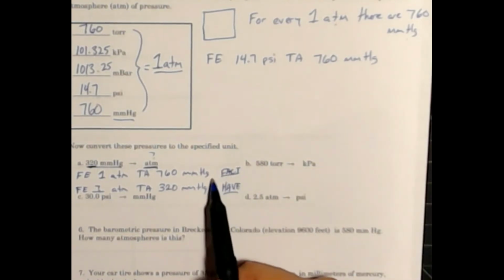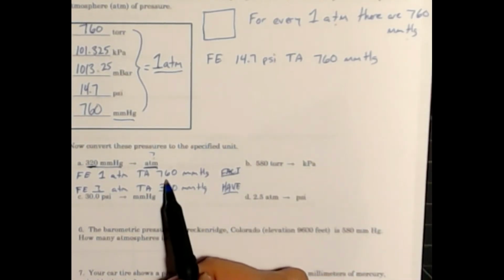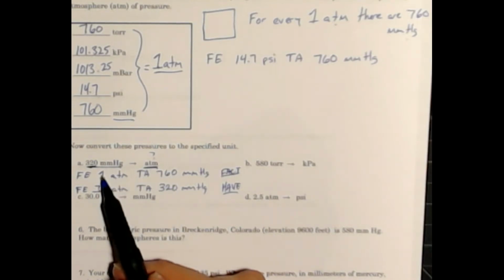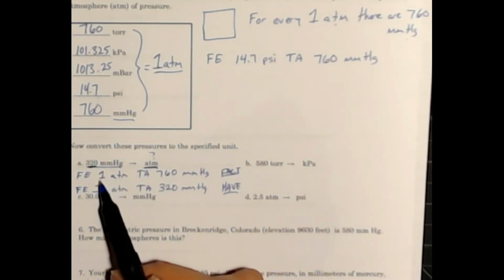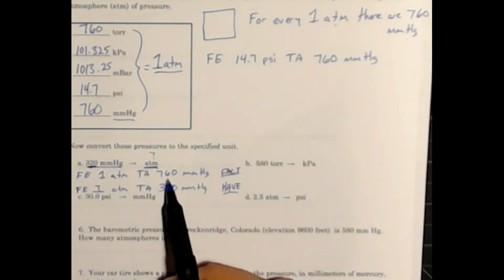So what do we have to do to 760 to get 1? Like mathematically, what do we have to do to 760 to get 1? Or vice versa, what do we have to do to 1 to get 760?